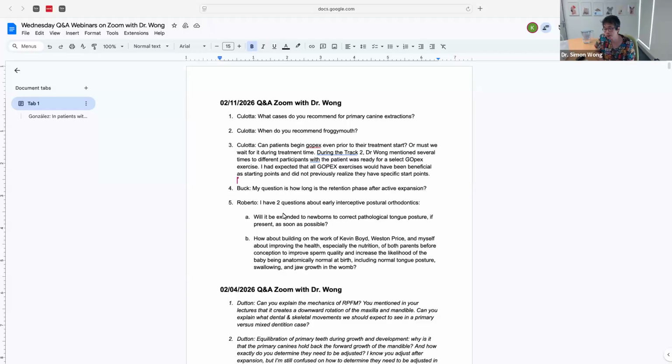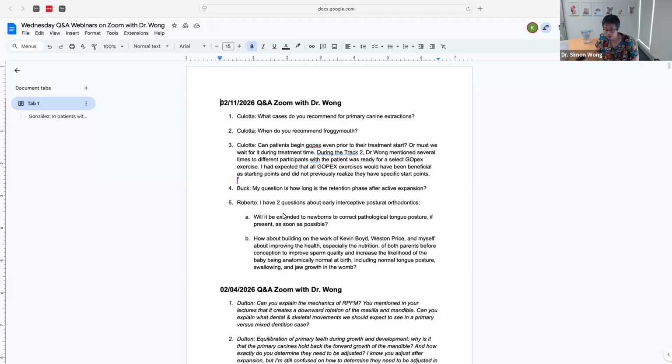So the concept behind this process of removing primary canine teeth, usually in the lower arch, is to start the process of serial extractions.